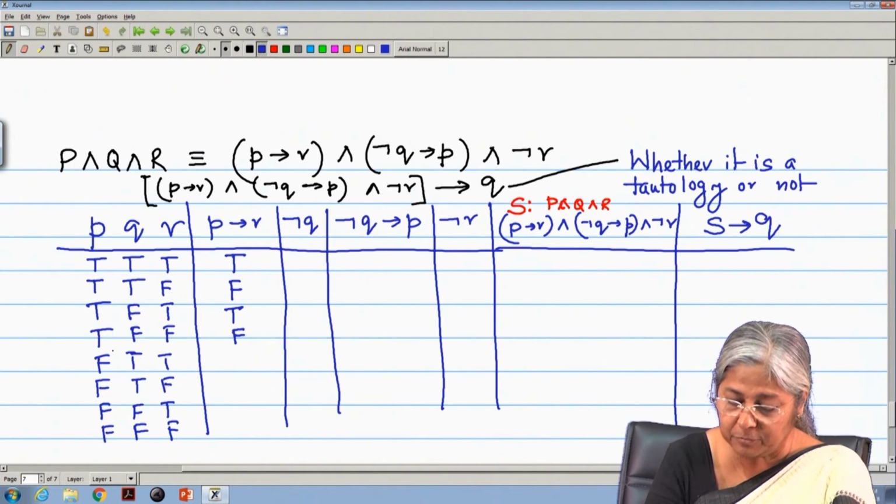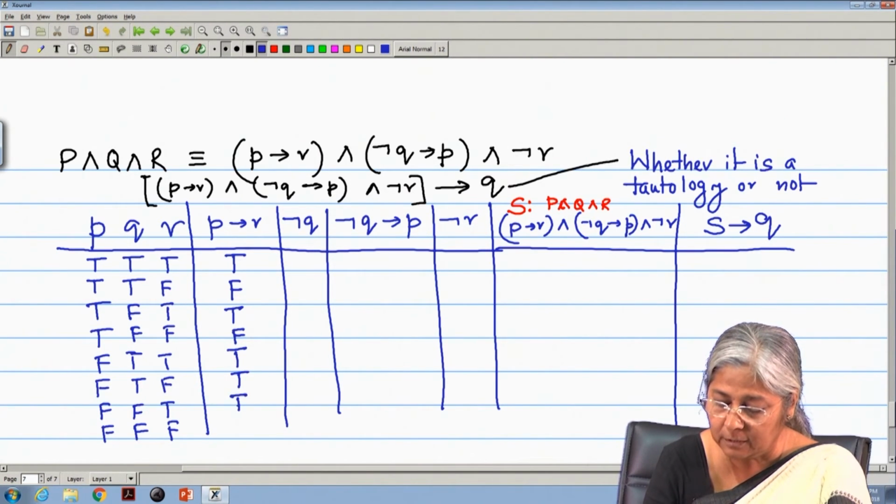If P is F, all are vacuously true, so I can directly write these as true.